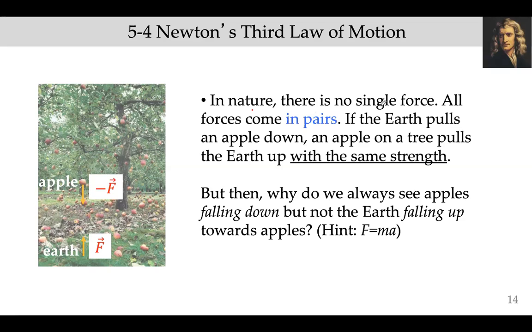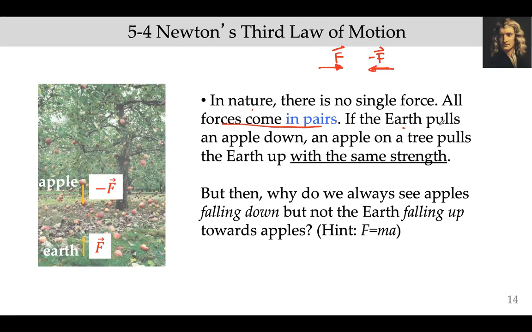In nature, there is no single force, so you cannot really find any force like this. There should be another force. If this is, let's say, F, there should be somewhere another force exactly in the opposite direction. So forces always come in pairs.